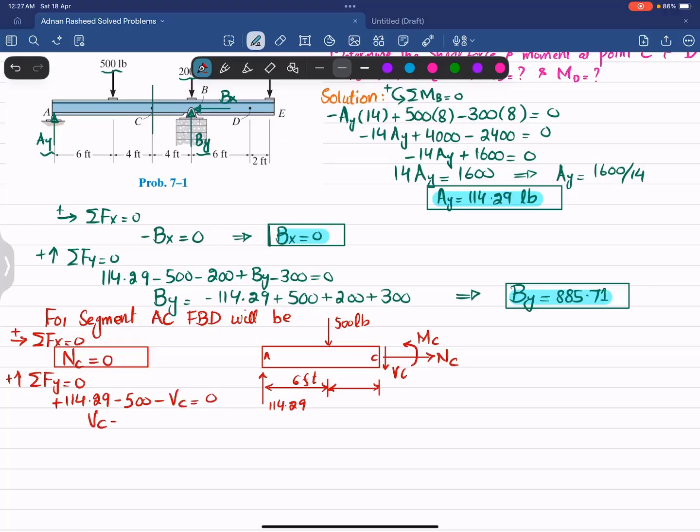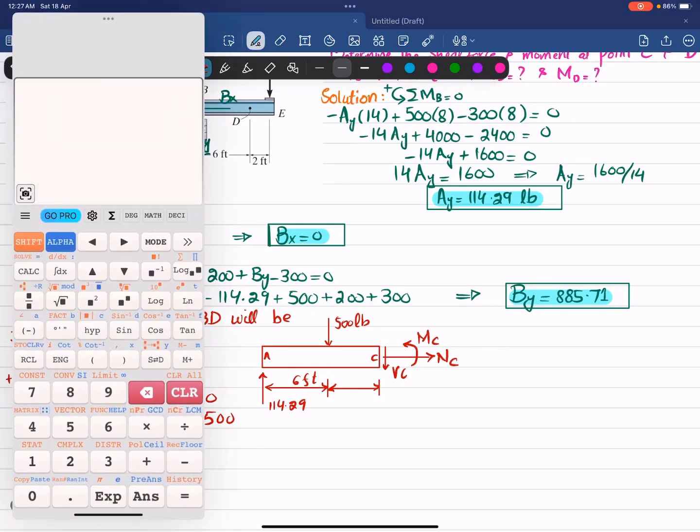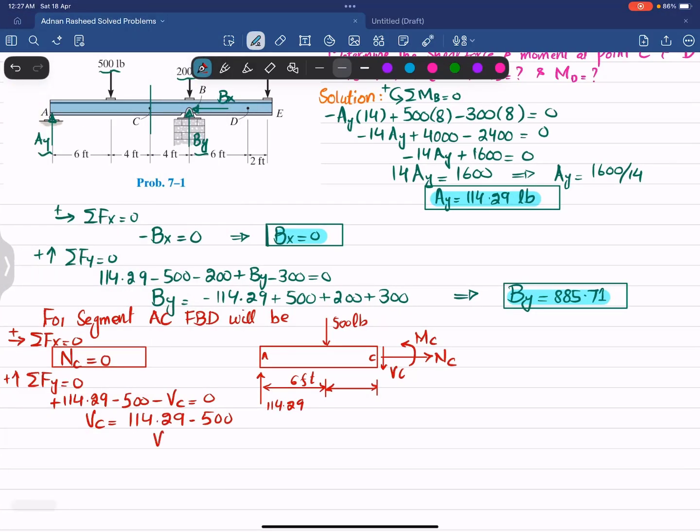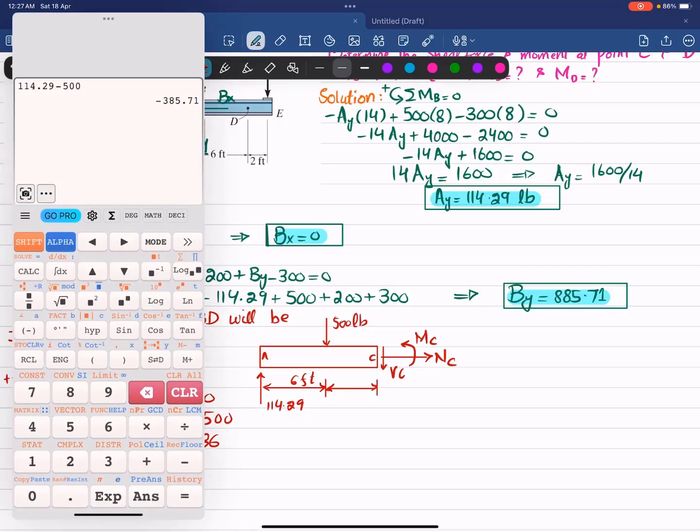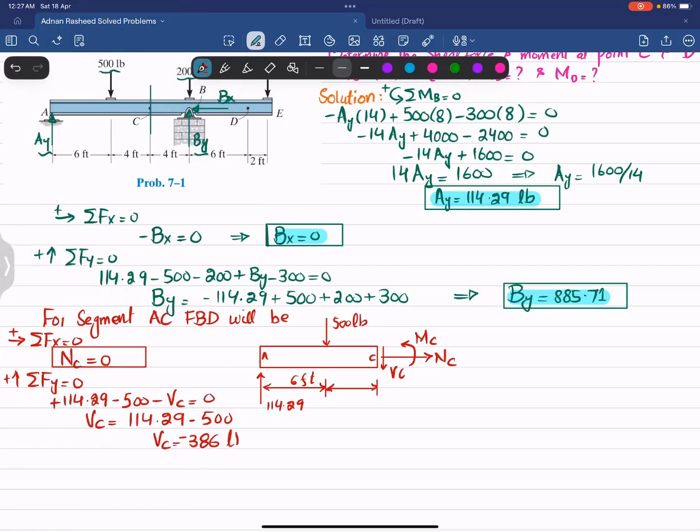So VC will be equal to 114.29 minus 500, which will give you minus 385.7. So VC is minus 386 pounds.